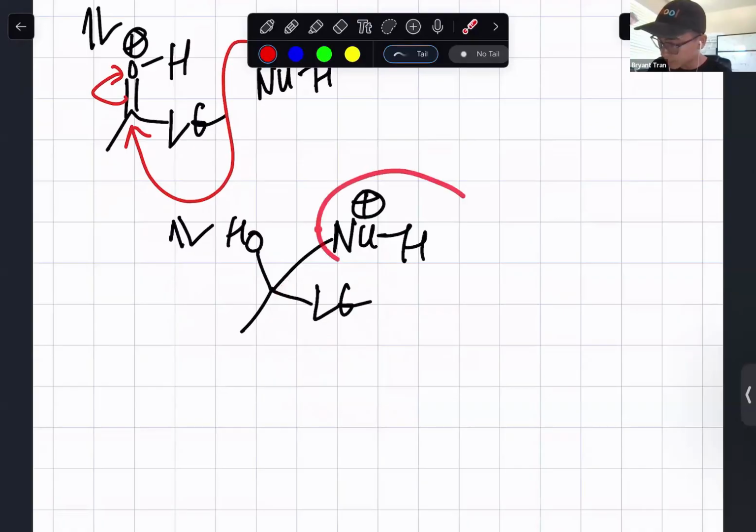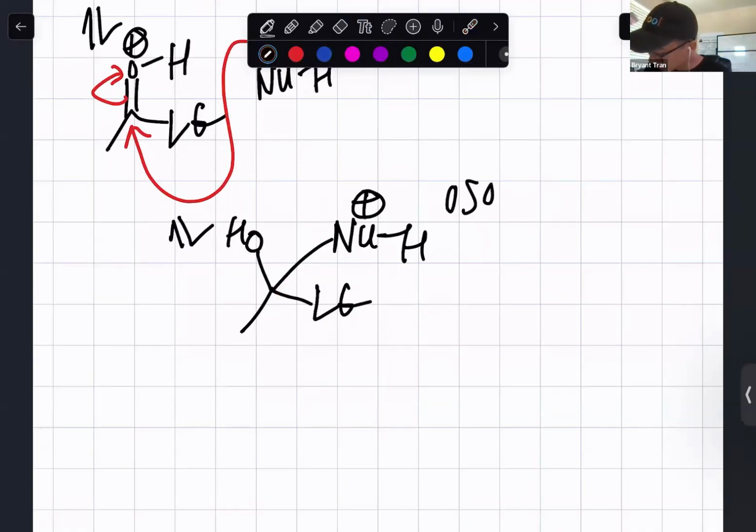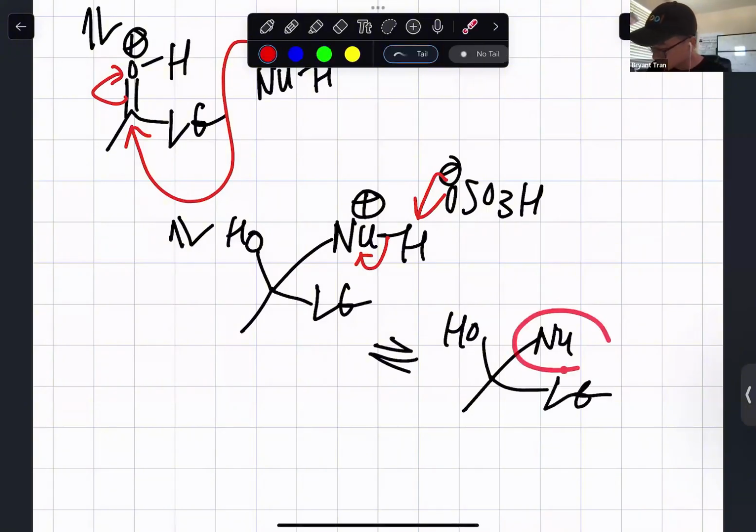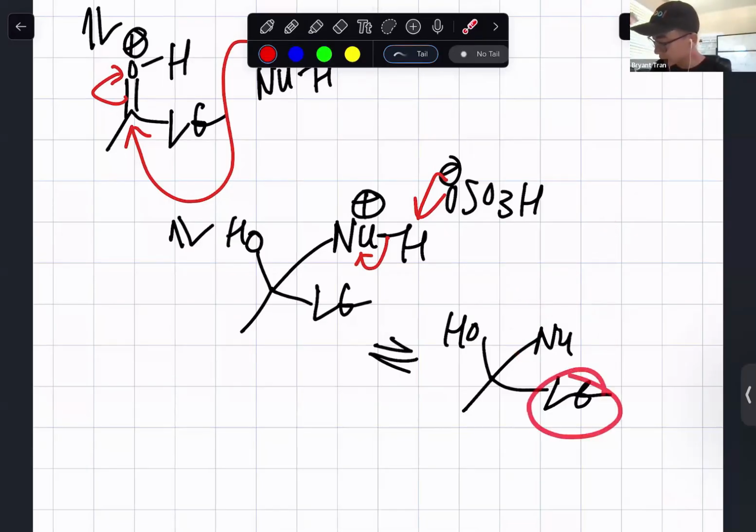So in order to make this into a bad leaving group, we're going to deprotonate the nucleophile to make it neutral. And make that into a bad leaving group, which is good. Now, we want this other leaving group to be a good leaving group.